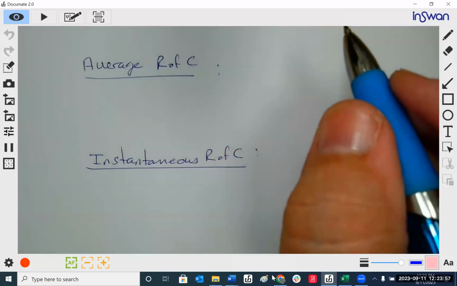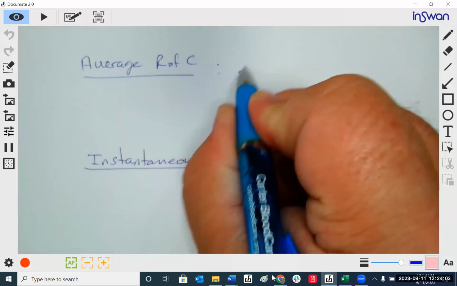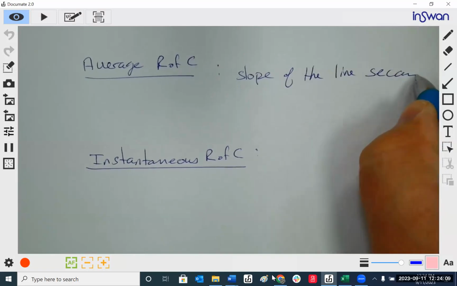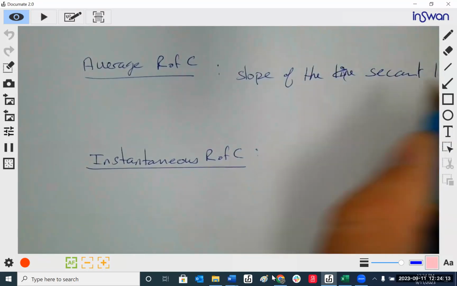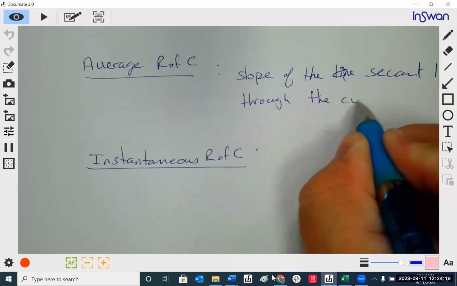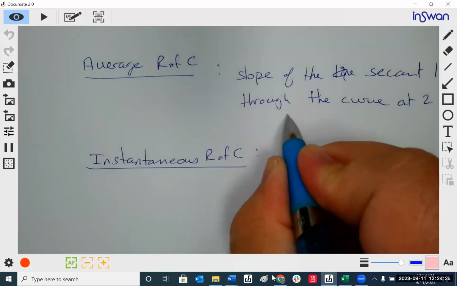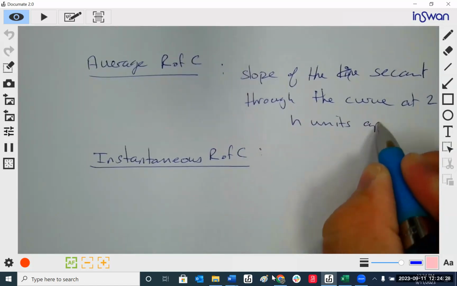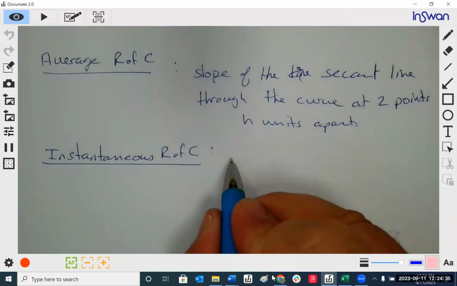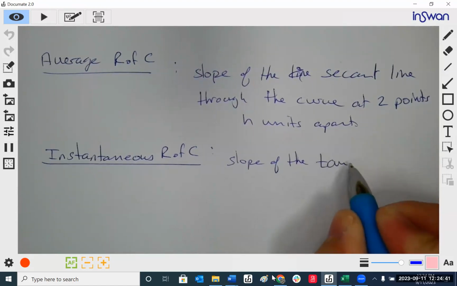But it's over what kind of line? Average rate of change is the slope of the secant line through the curve at 2 points h units apart.